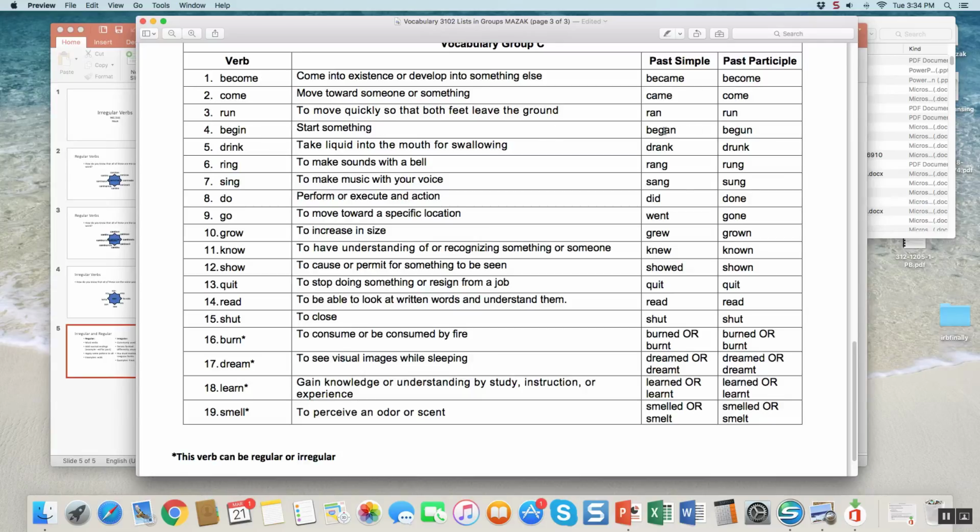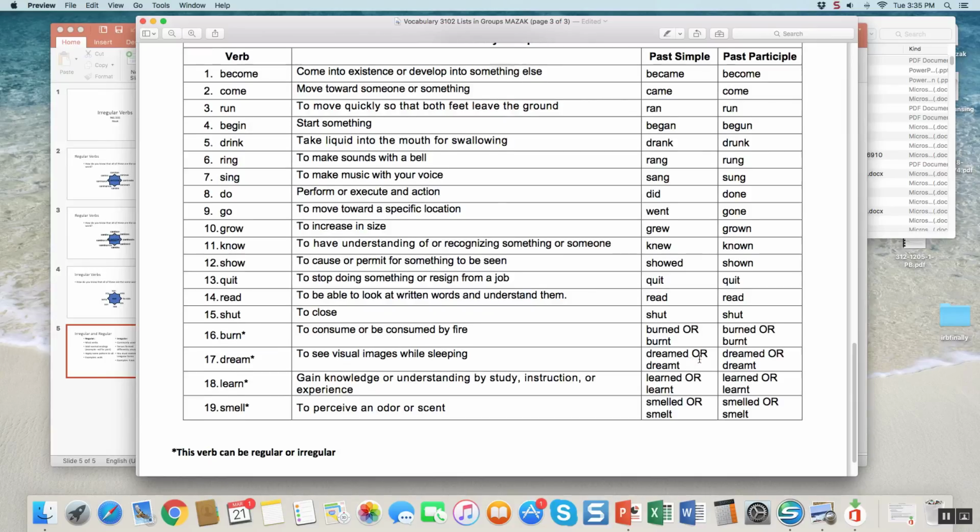Okay, you'll see we have a vowel change between the past simple and the past participle. Ring, rang, rung, that's a vowel change. So we also have these four at the end, which can be regular or irregular. So you can either add the ed or use this irregular form.